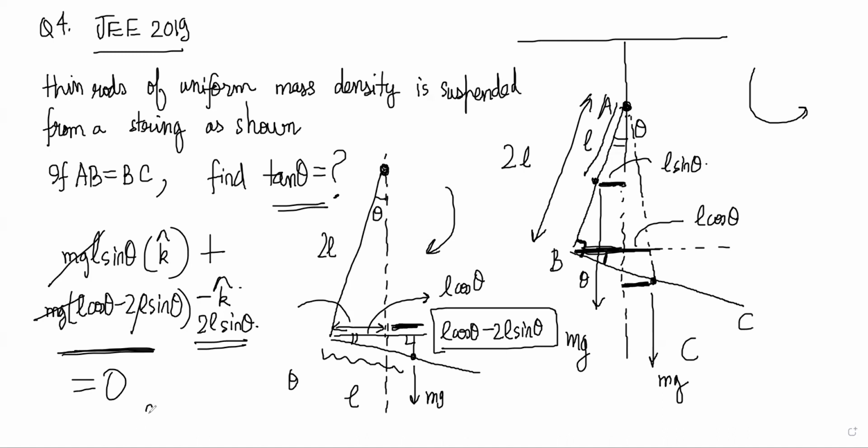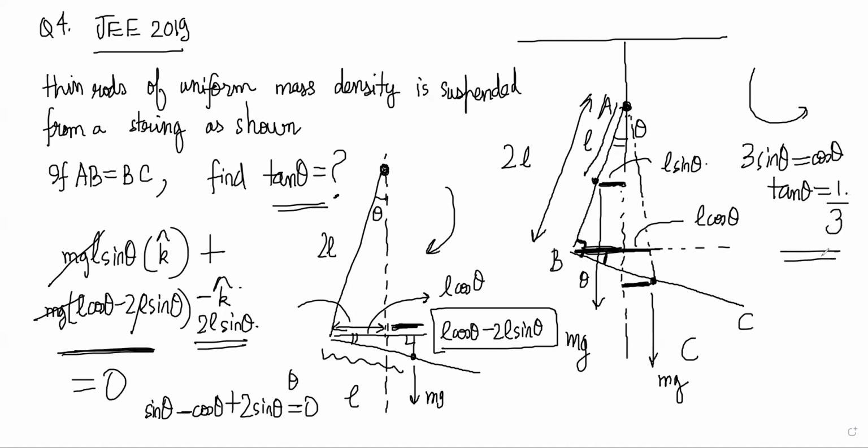And you have sine theta minus cos theta plus 2 sine theta is equal to 0. So you have 3 sine theta is equal to cos theta. So tan theta is equal to 1 by 3. So we are getting the value of tan theta as 1 by 3 for the equilibrium of this L-shaped object.